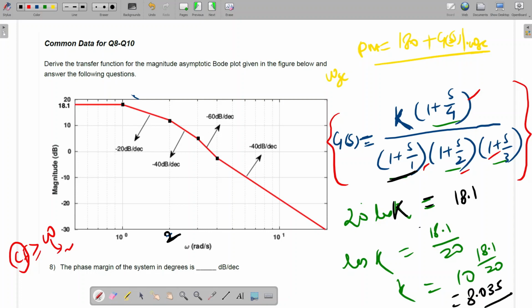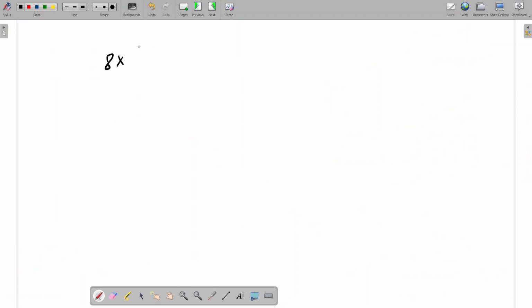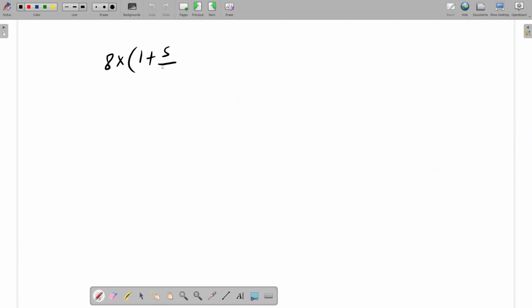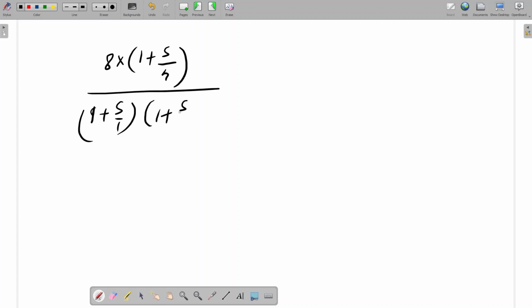So now I will write the transfer function. 8 into 1 plus s by 4, over 1 plus s by 1, 1 plus s by 2, 1 plus s by 3. This is our g of s. We can simplify it: s plus 1, s plus 2, s plus 3.